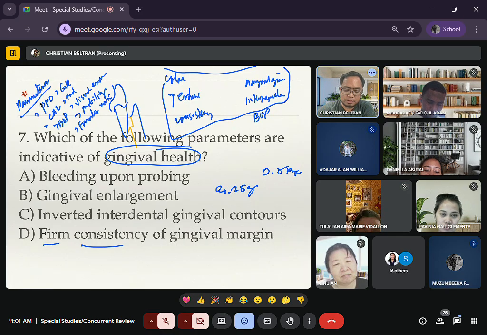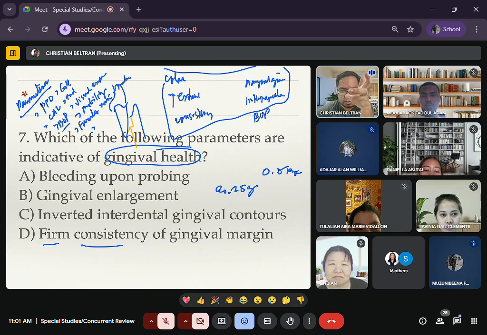Nabers probe. Aside from bleeding on probing, what else do you assess after inserting the probe?